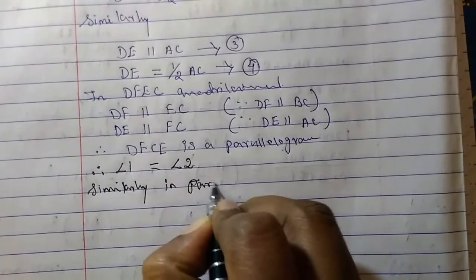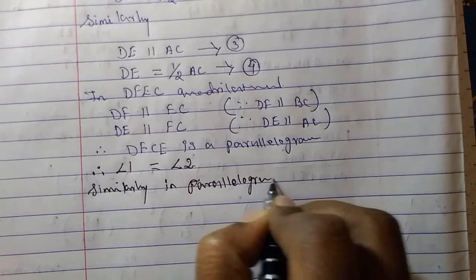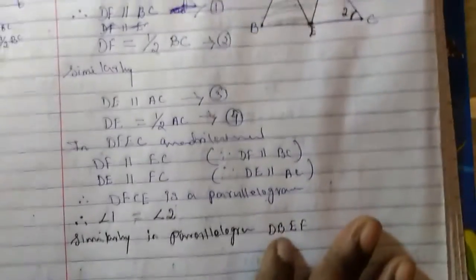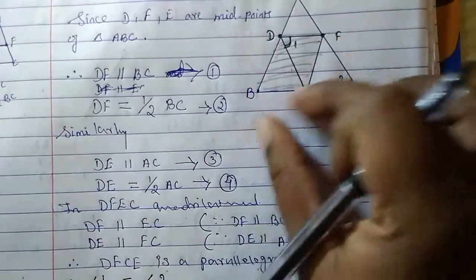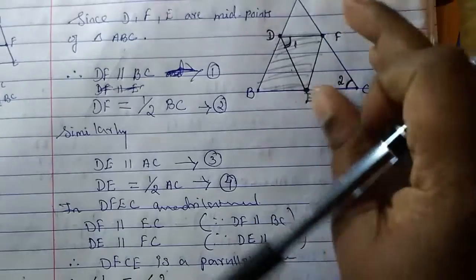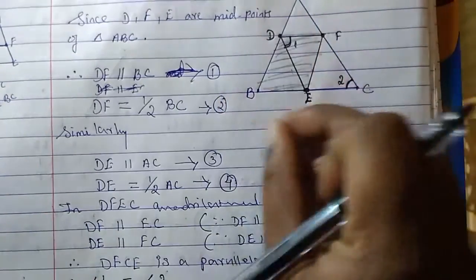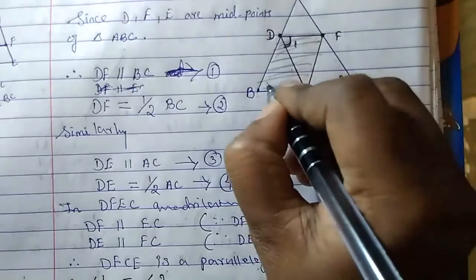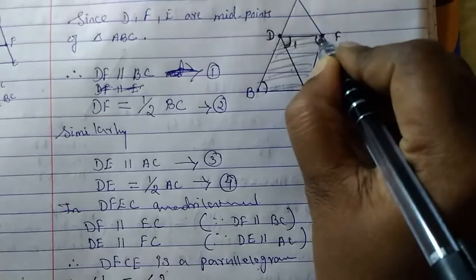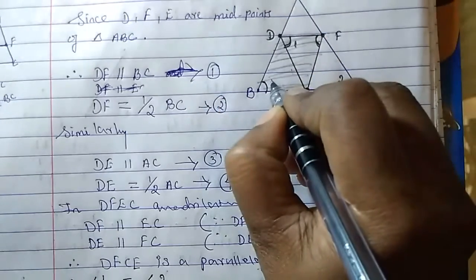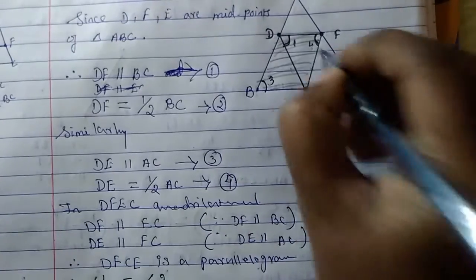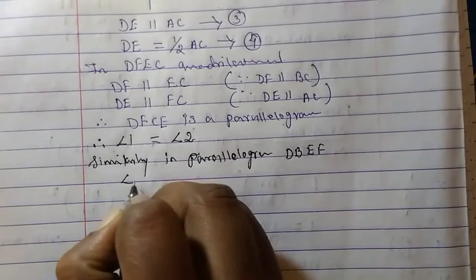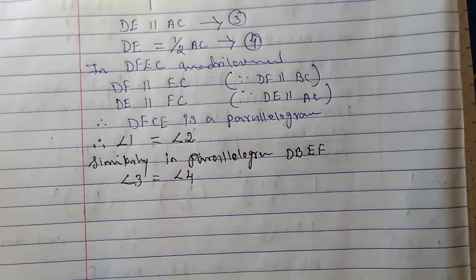So in parallelogram DBEF, same way, if we prove that this is a parallelogram, we don't need to write again, but as we proved this way, so same way this also we can say similarly, and no need to prove. So can we say this angle will be equal to this angle in this parallelogram? So let's consider this angle 3 and angle 4. So similarly in parallelogram DBEF, angle 3 will be equal to angle 4.